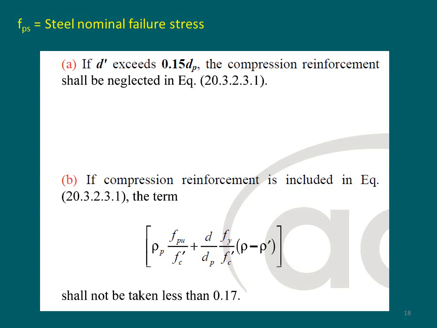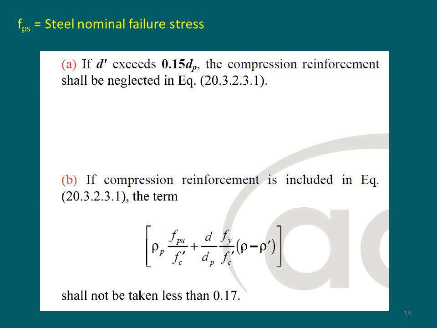And if compression reinforcement is used, this term here that you're looking at, which is rho p fpu divided by f'c, the entire term cannot be less than 0.17. And here's the reason. Once you start to add rho prime, what's going to happen?